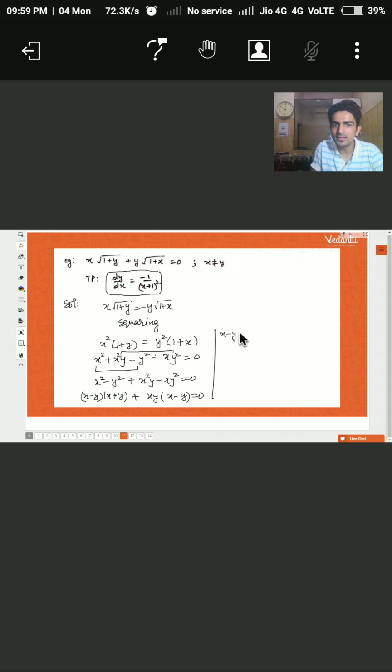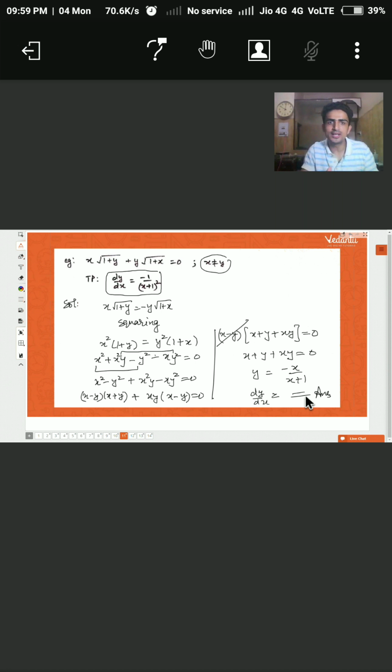Clearly I can take x minus y common and I'll be left with x plus y plus xy. It cancels out because x is not equal to y, so I can just cross multiply and remove it. And from whatever is left, I can easily write y in terms of x. And now I will differentiate to get my answer.